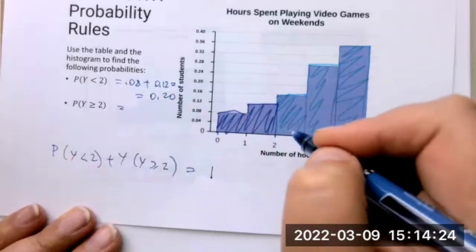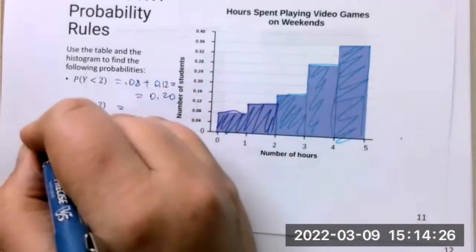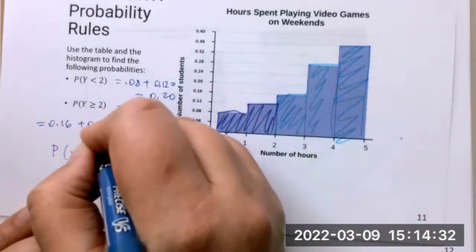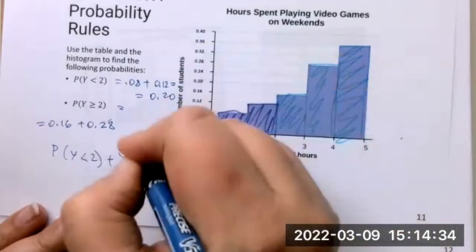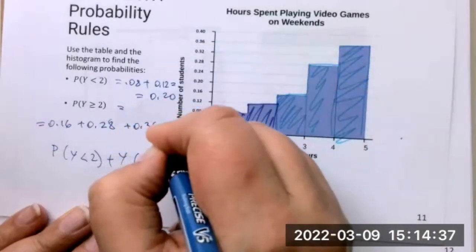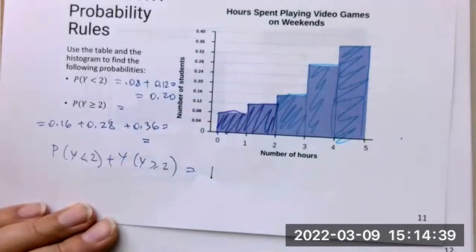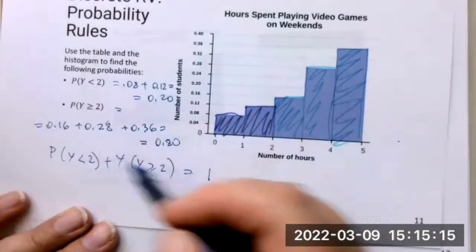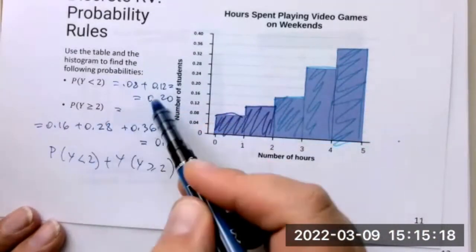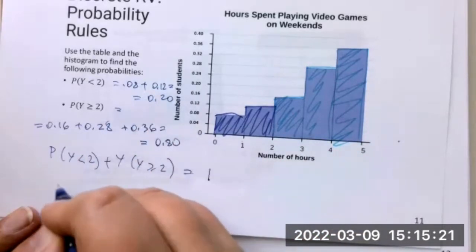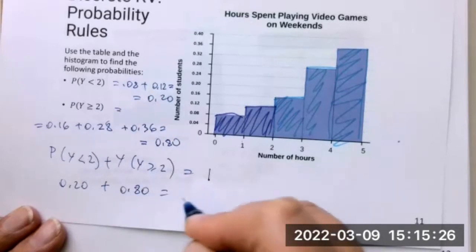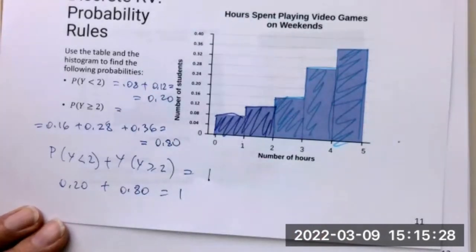And then for greater than or equal to 2, that's going to be 0.16, 0.28, and 0.36, which add up to 0.8. So we figured out this probability is 0.20 and this probability is 0.8, and yes, it adds up to 1, as we suspected.